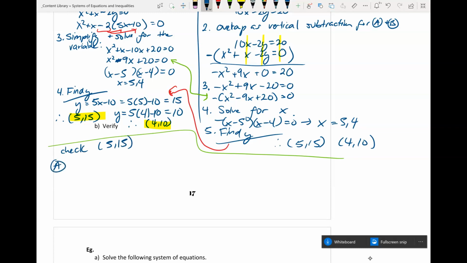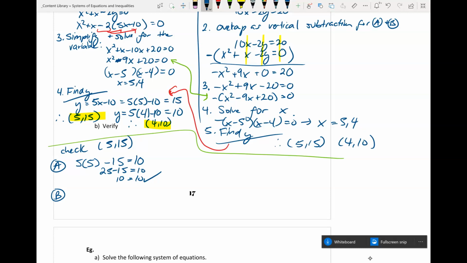We're going to check it for equation A and also for equation B. They both have to be satisfied for (5, 15) to be a solution. So we're going to insert (5, 15) into A. So A was 5 times x, in this case x is 5, minus our y, which is 15, and this is supposed to be 10. Then we have 25 minus 15, which is 10, and that's equal to 10, so this works out.